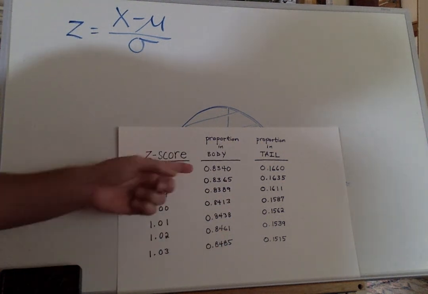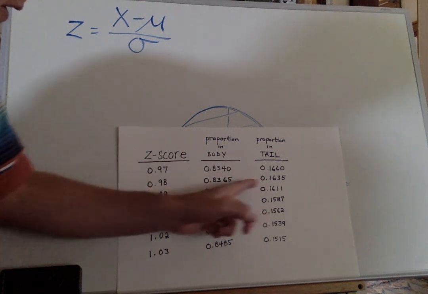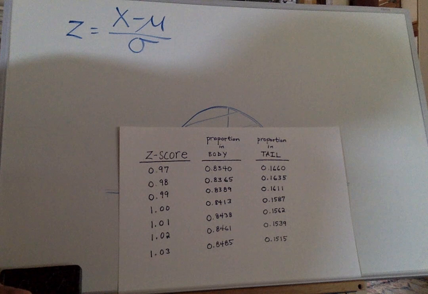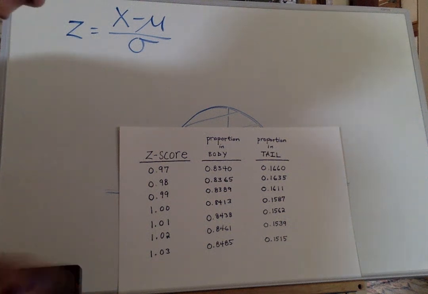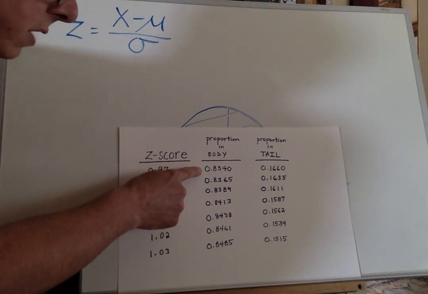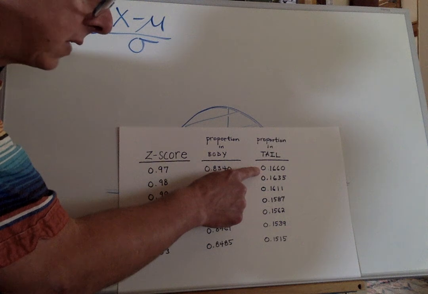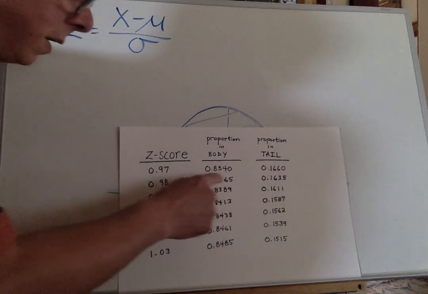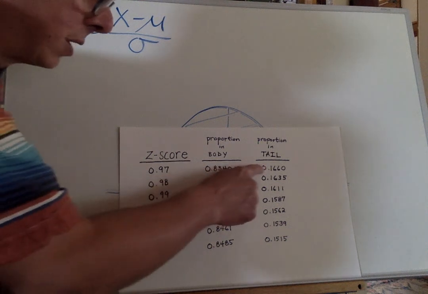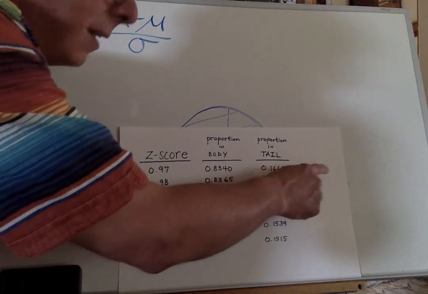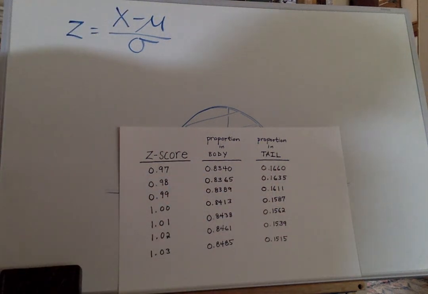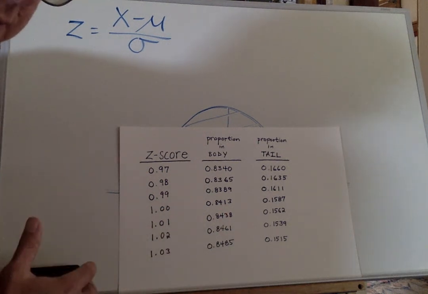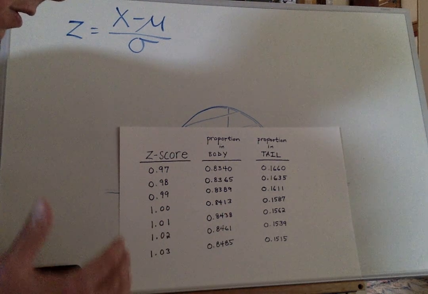That is, each of these pairs, if we add them together, will add up to 1, or 100%. 83.40 plus 16.60 is equal to 1.00. 83.4% plus 16.6% is equal to 100%. The body and the tail make up the whole dog. There's nothing left over and there's nothing short. Okay?